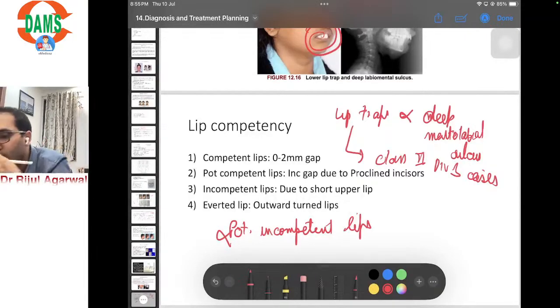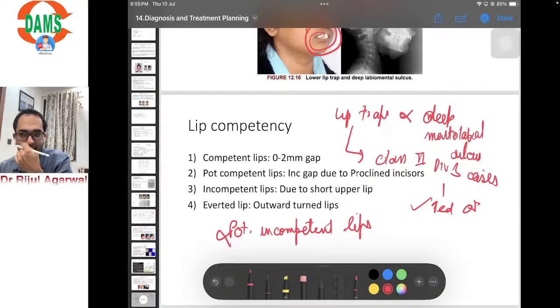That too, that does not mean it becomes a universal truth that in all class 2 div 1 cases lip trap will be present. It will depend upon the amount of overjet. Overjet ideally is 2 to 4 mm. Now it is not 5-6 mm or so. That does not mean that every class 2 div 1 case is the same; there are also compensated cases, in which lower incisors get proclined. If you remember decompensation and compensation from orthognathic classes.